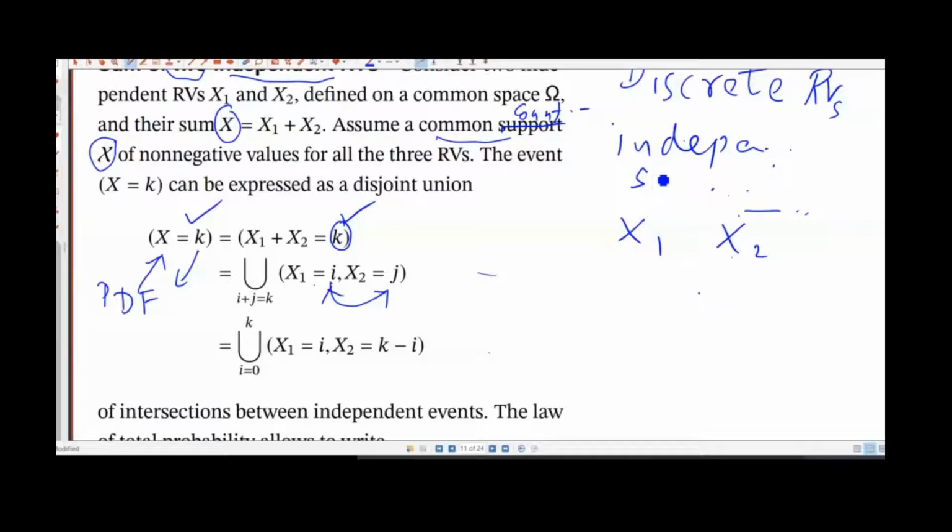और उसके लिए क्या condition है? Let me remind you. What is the condition for two events to be independent? Let's say event A है. Let's go back to probability here. And event B है. What must the probability of their intersection be? P of A. Disjoint जो था.